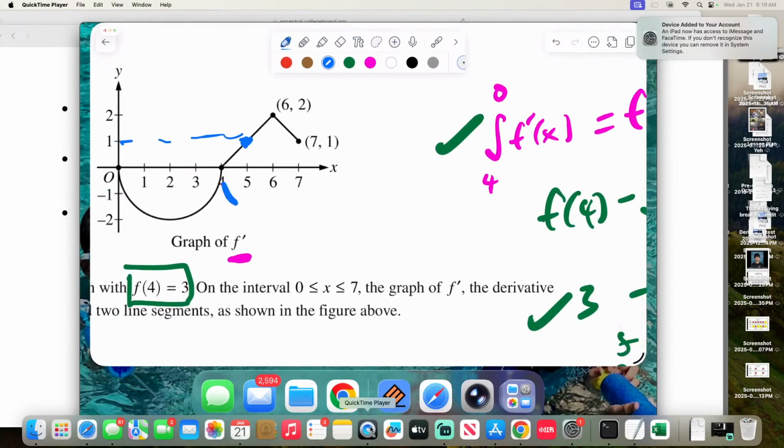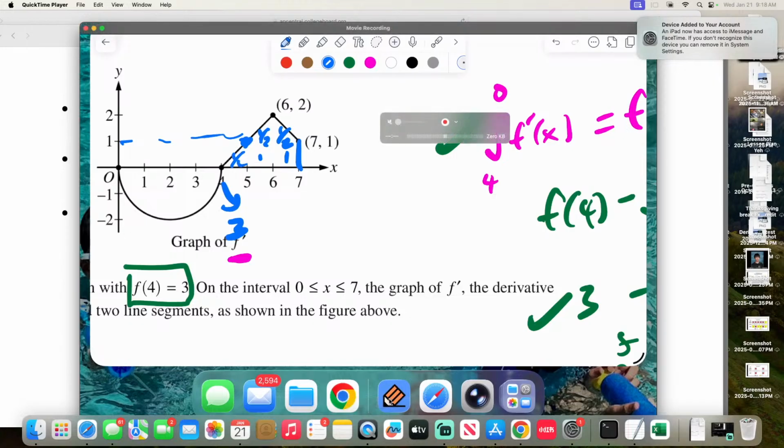So here we already have 3. And we're going to add, this one is half, half, 1, 1, half. So that is going to be 2, 3, 3.5. So it'll be 3.5 plus 3, 6.5. 6.5 minus 7.